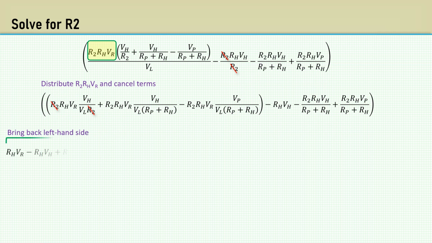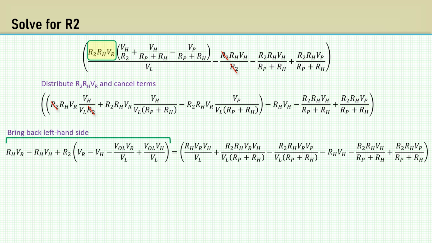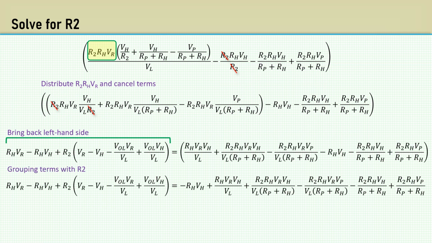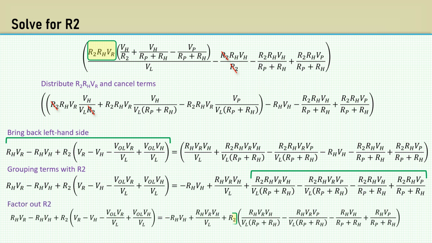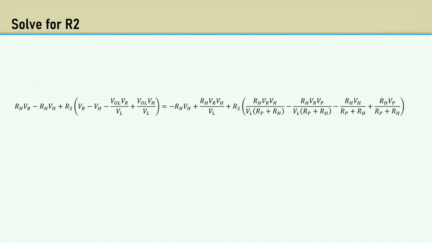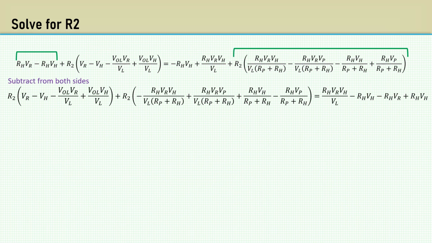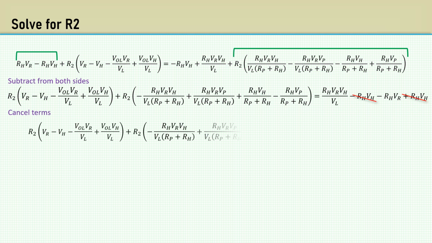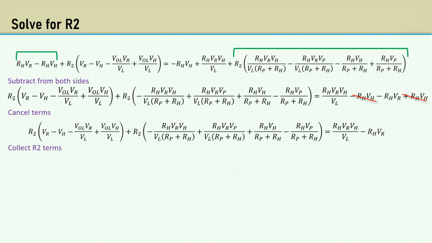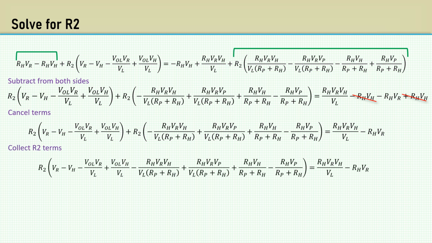Bring back the left side of the equation now, then group the terms that have R2, and then factor out R2. Subtract these terms from both sides, then cancel the like terms, collect the R2 terms, and rearrange to solve for R2.